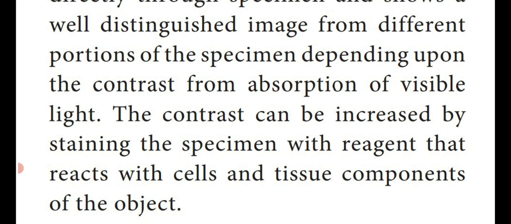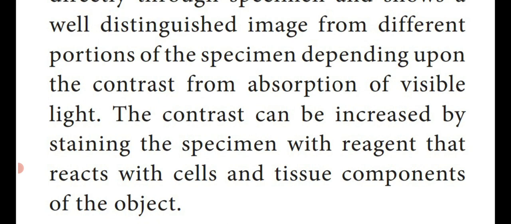At the same time, the object placed under the microscope is seen in a clear manner by using the staining method of the specimen, which acts as a reagent that reacts with the cells and tissue components of the objects.